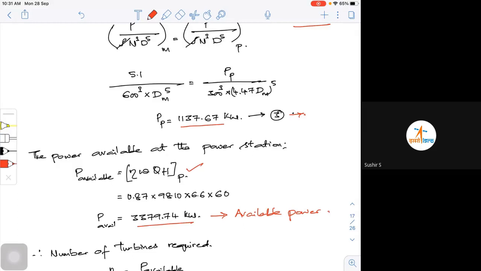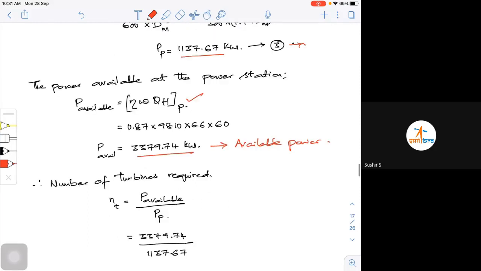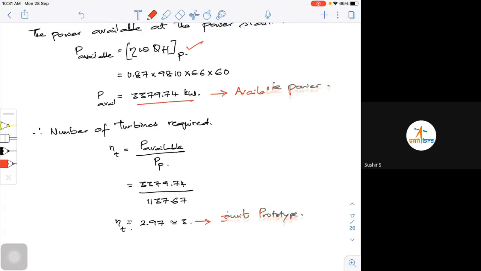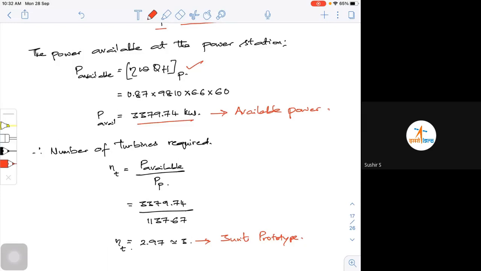Now, how many prototypes do you need to use to utilize the power available? So what you have to do is available power divided by your prototype power. Roughly I'm getting 2.97. So I can say that I need 3 units of your prototypes to utilize the available energy or available power.